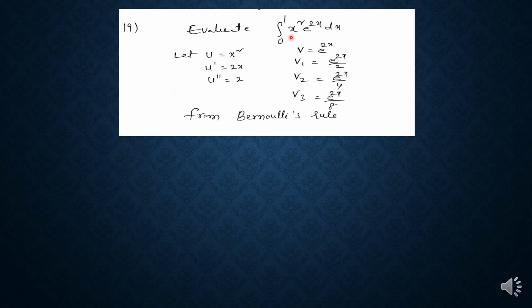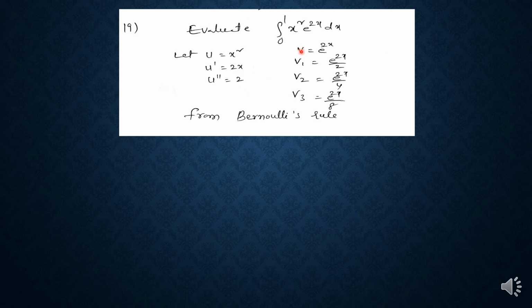U is equal to x square, algebraic function, and the exponential function e power 2x is the second function, v is equal to e power 2x. Then find the successive derivatives of u, that is u is equal to x square and du by dx is equal to 2x, that can be written as u dash, and the derivative of this u dash, that is d square u by dx square or u double dash is equal to d by dx of 2x, that is 2.